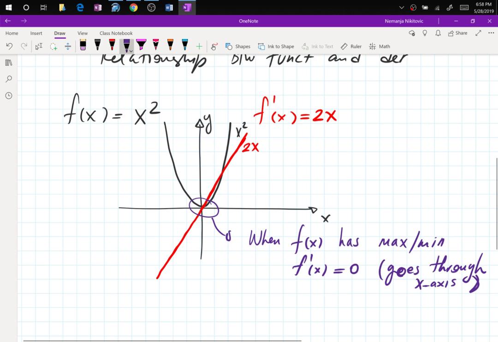Another relationship that we are going to learn from this image is that on any interval from x1 to x2 where the function is decreasing, the derivative is negative. And for any part where the function is increasing, the derivative is positive.